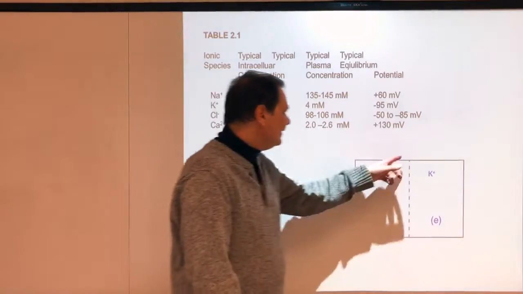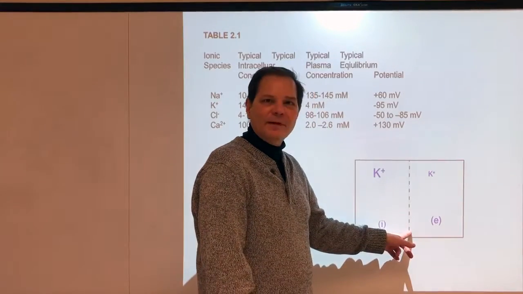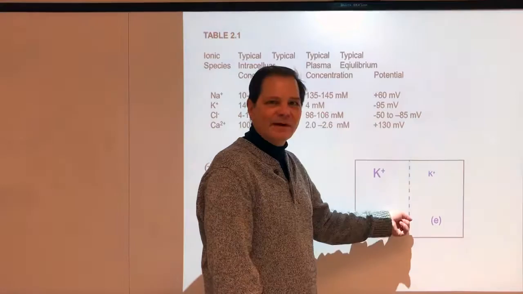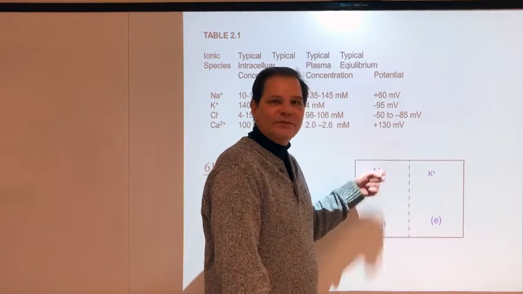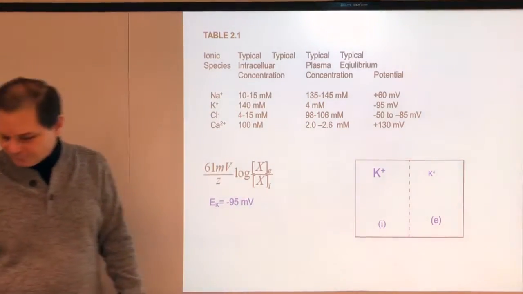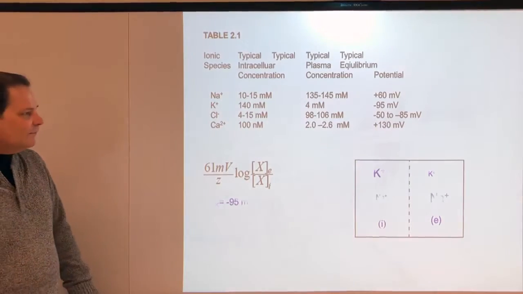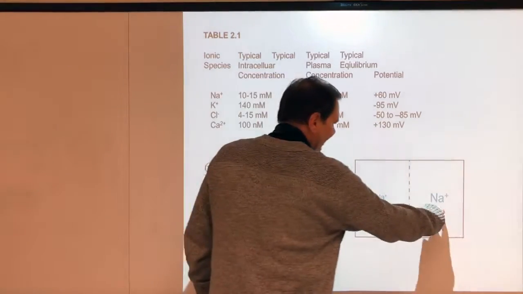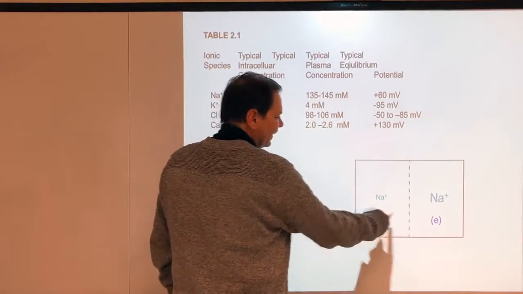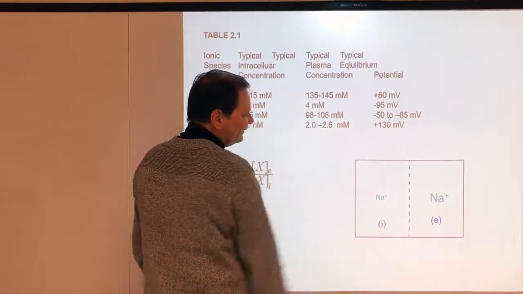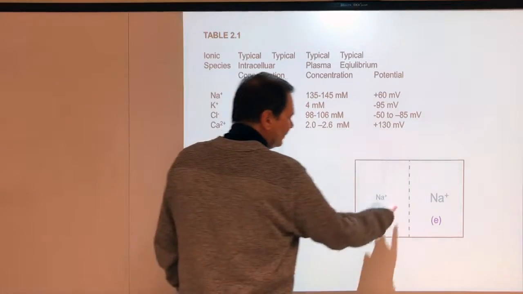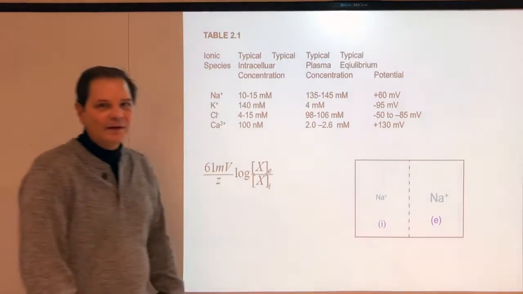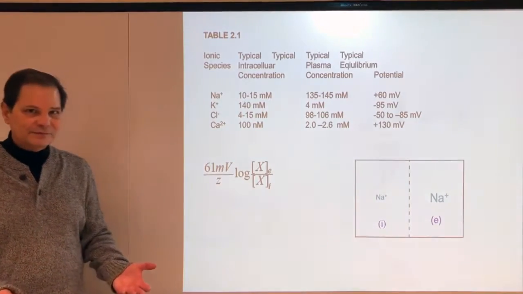So that means that if I make this membrane permeable to potassium only and let it flow, eventually I'll generate a voltage of -95, and that will stop the potassium flow. For sodium, it's a little different because sodium is high on the outside and low on the inside, so it flows from outside to inside. In the case of sodium, you get positive charge building on the inside and negative charge on the outside, generating a positive voltage.